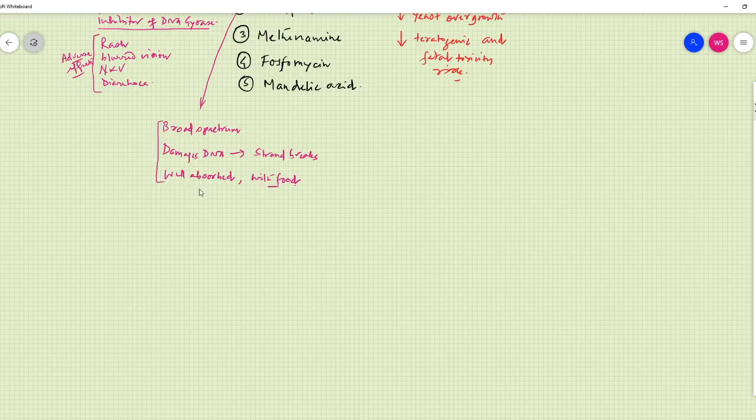The adverse effects would be it causes some GI irritation. So if a drug causes GI irritation, it can cause nausea and vomiting, and something related with the GI, anorexia. Sometimes it can cause hepatitis.